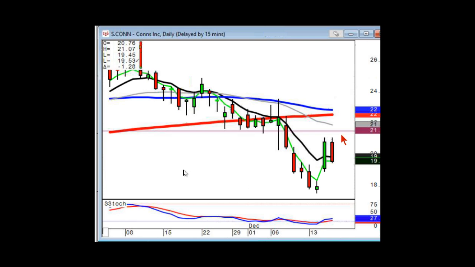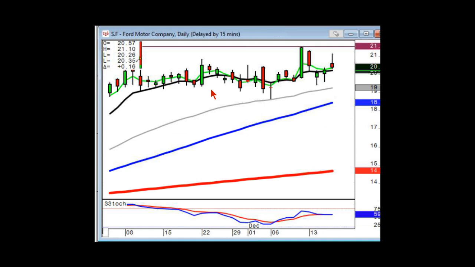That third day needs to be a big green candle coming back up, so that you have a big green candle, a red candle, big green candle, so that red candle is sandwiched in between, and that's your stick sandwich pattern. Ford is a little fry pan bottom, yes.